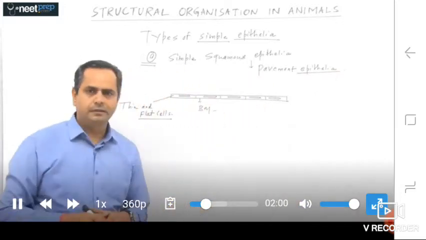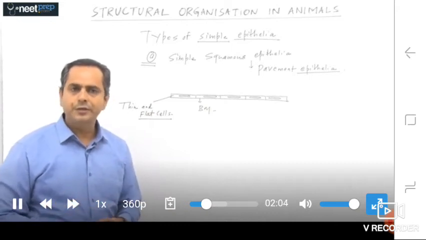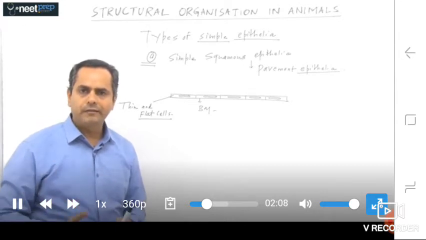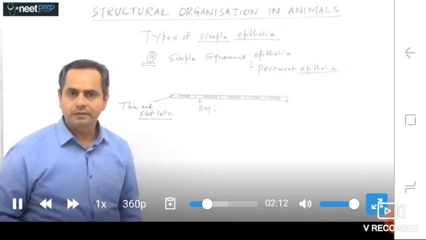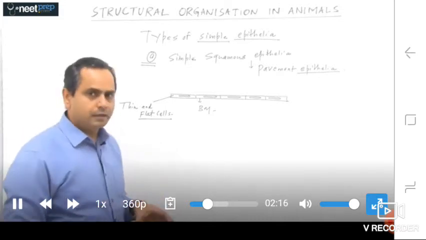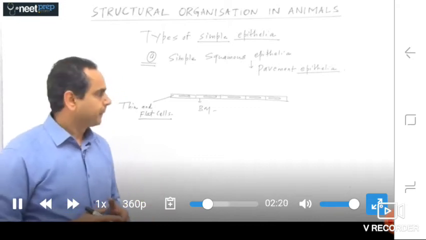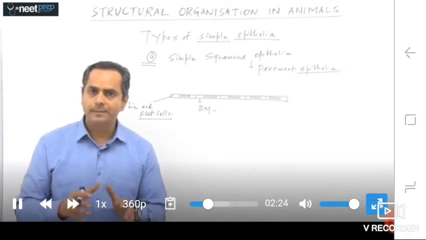Because of their thin and flat structure, this kind of epithelia is very useful where we have to perform activities like filtration, diffusion, etc. So if we talk about their location and where we can find this kind of epithelia, what is the location of simple squamous epithelia?